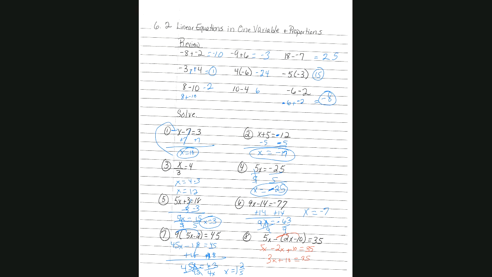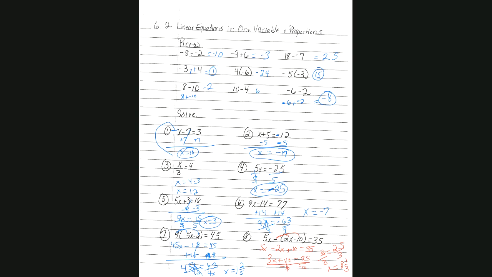So now we subtract 10, and 3x equals 25. Then you divide by 3. X is equal to 8 1/3. So if you get a decimal, just hit second FD.